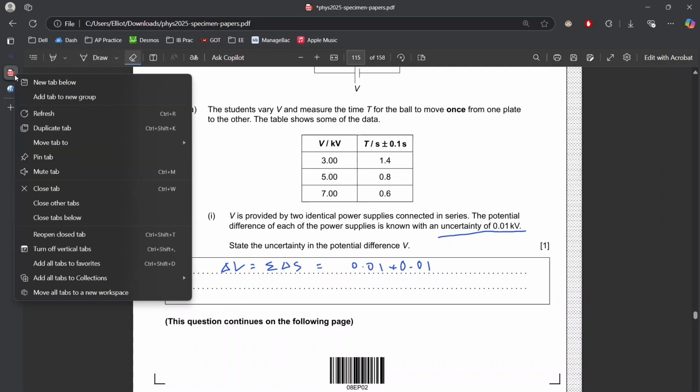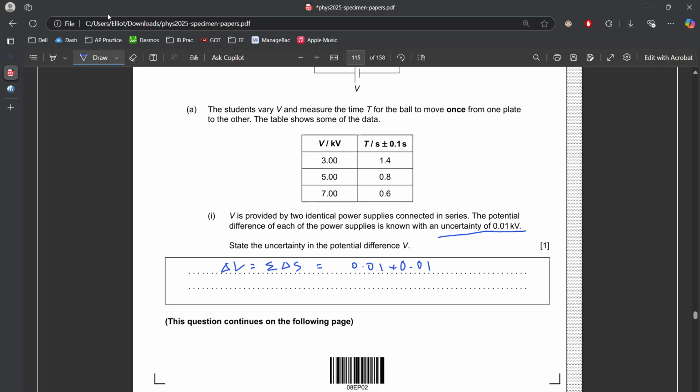Oh, my bad. Okay, sorry. So V is connected to identical power supplies connected in series. So V adds. So the total V is equal to V1 plus V2, because there's two identical power supplies.